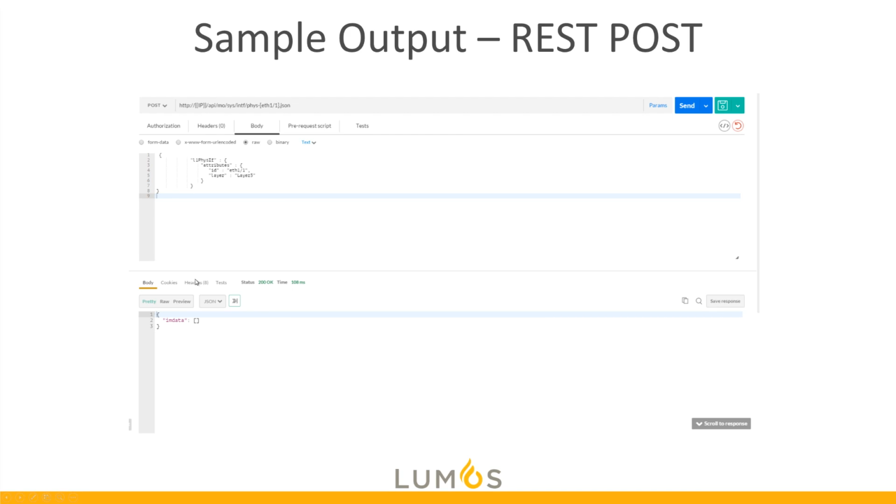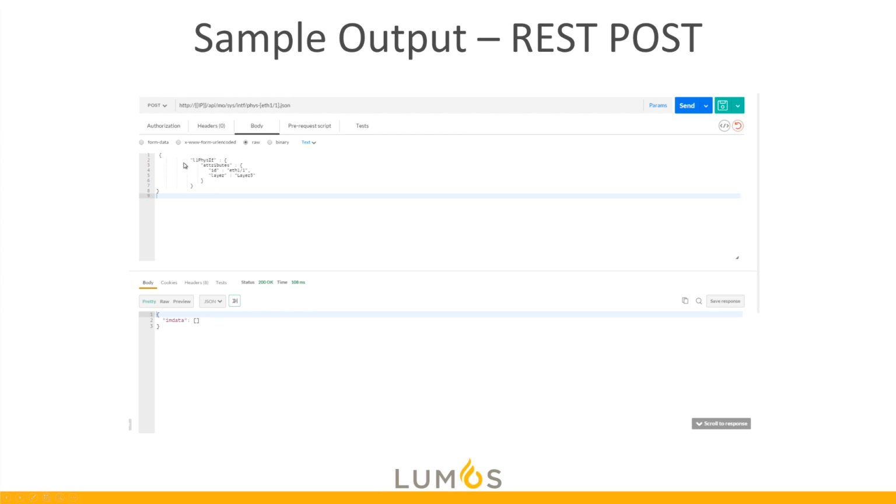Then, assuming everything works properly, we should get back pretty much the exact same thing we get back from the Epoch: a status of 200 OK and the actual body of open curly brace, imdata, then an empty pair of square brackets, and a closing curly brace. So this is the response we got back immediately. It has not yet applied that, and then it applies it.